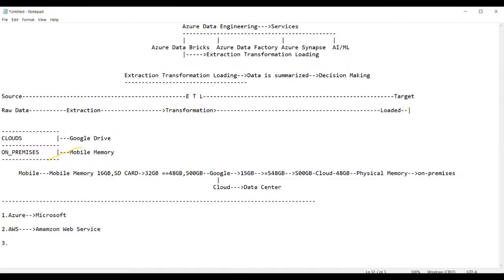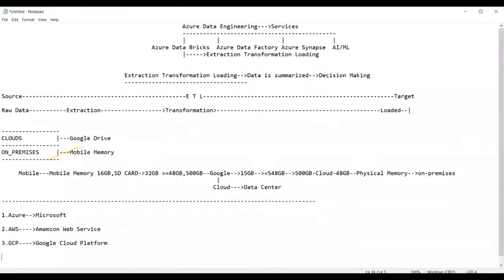The third one is Google, GCP, which stands for Google Cloud Platform. Okay, guys, Google Cloud Platform.